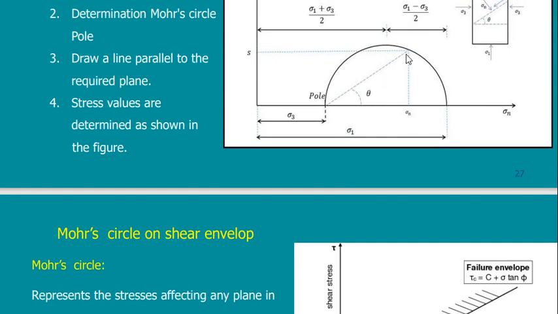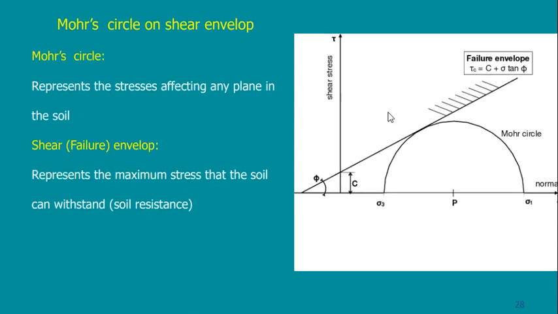This is the inclination of the plane where I am going to get normal and shear stresses. Suppose that I define a point here, that this is the failure point, then the shearing and the normal stresses are the stresses causing failure at this location.